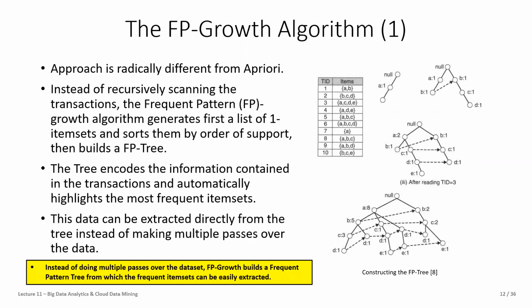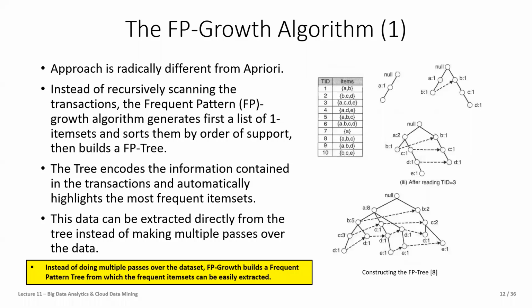So FP growth kind of starts off along the same lines as Apriori. It looks at the list and runs through it the first time and tries to see how many times each item appears. But after this first pass, it doesn't go through this list repeatedly. It just goes through it one more time. And during that one more time, it starts building connections like this tree.